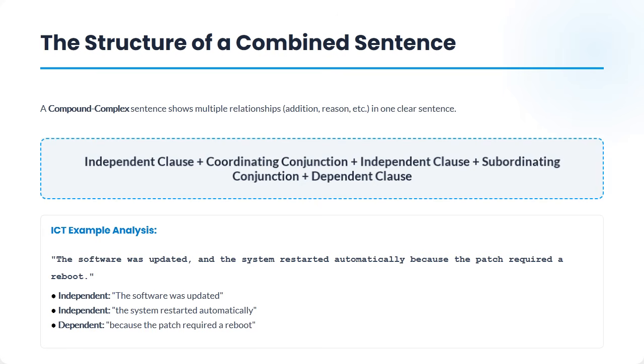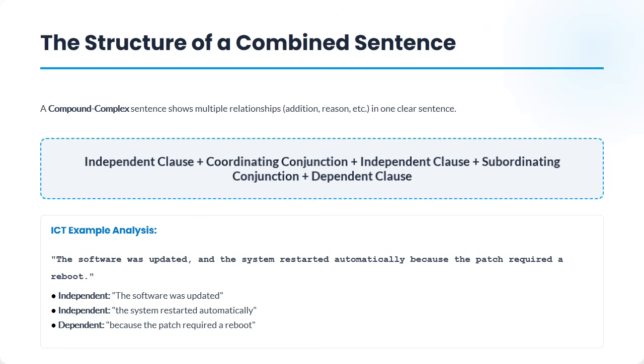The first independent clause is the software was updated. The second independent clause is the system restarted automatically. They are separated by the conjunction and. Finally, because the patch required a reboot, this is the dependent clause.